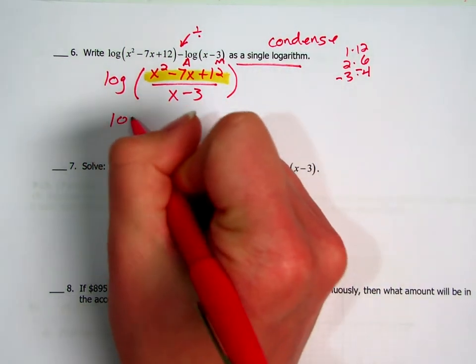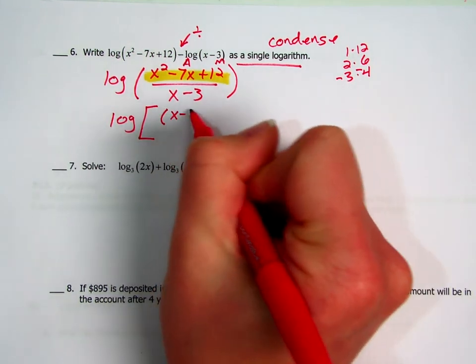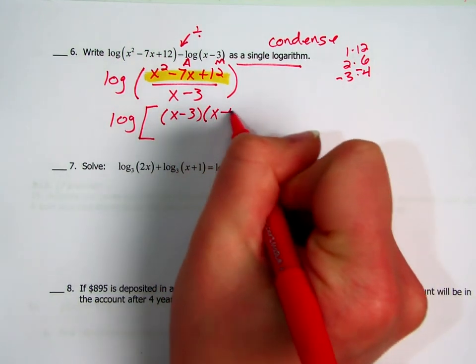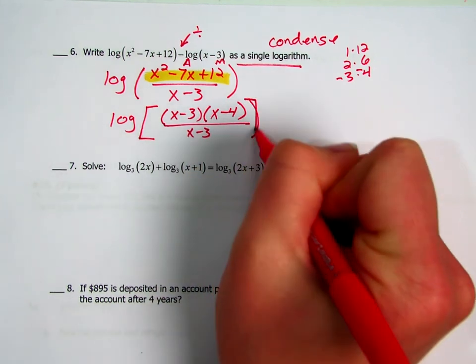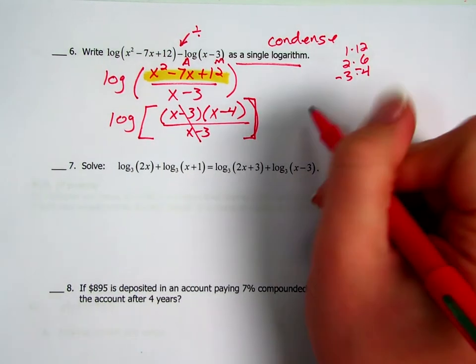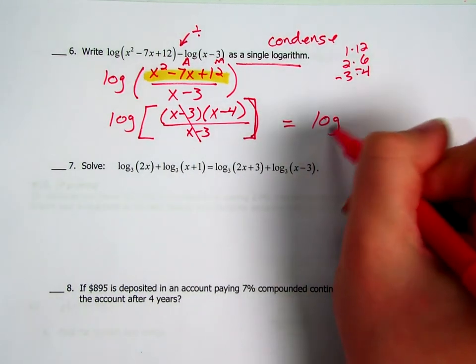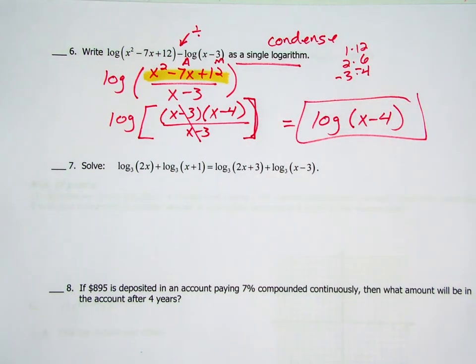So this is really log of (x minus 3)(x minus 4) over (x minus 3). And because we have a common factor on the top and bottom, they cancel out, leaving me with log of (x minus 4) only as my final answer.